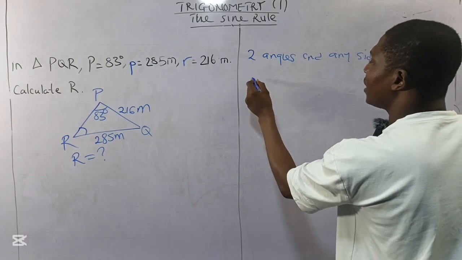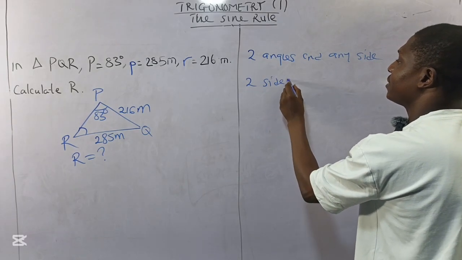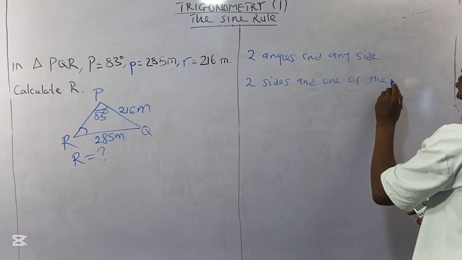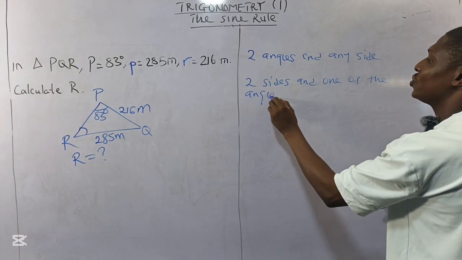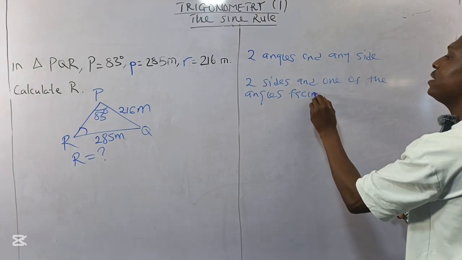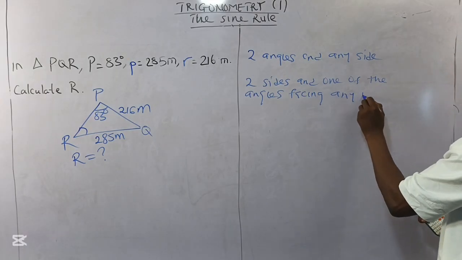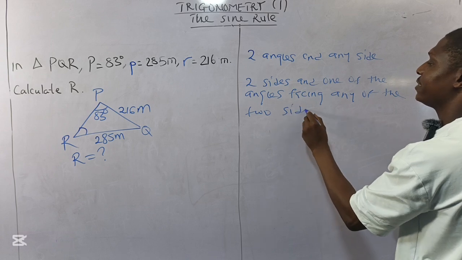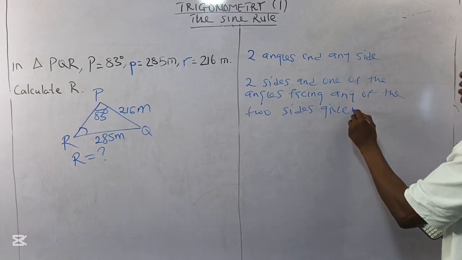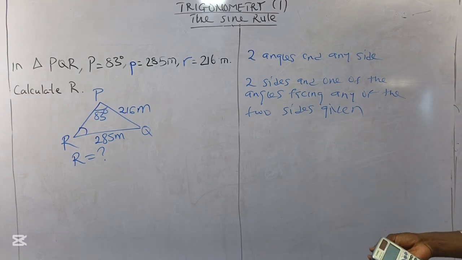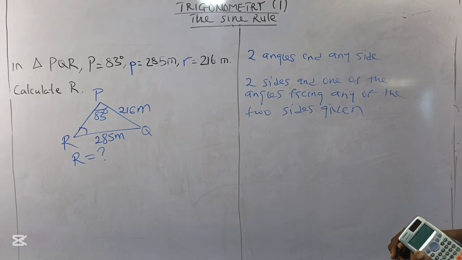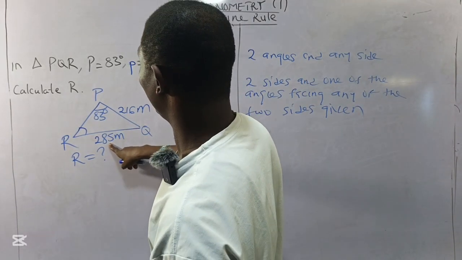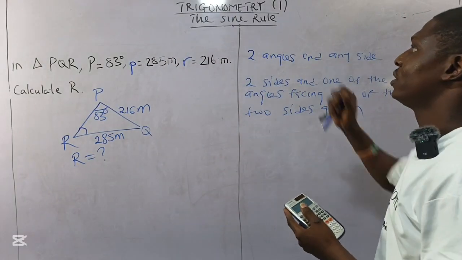We can also use two sides and one of the angles facing any of the two sides given. Now if you watch, I have two sides and I have an angle facing one of them. So you see it can be solved using the sine rule.